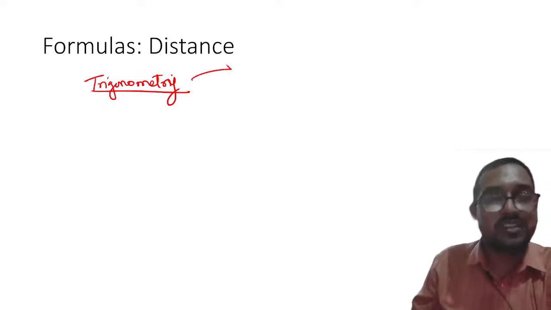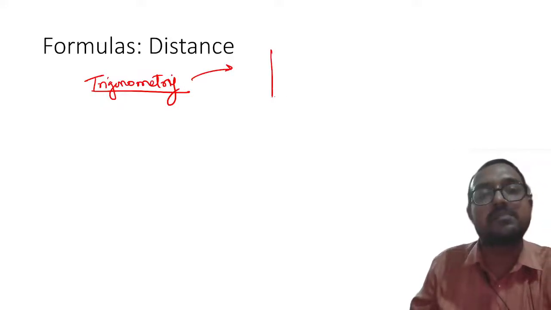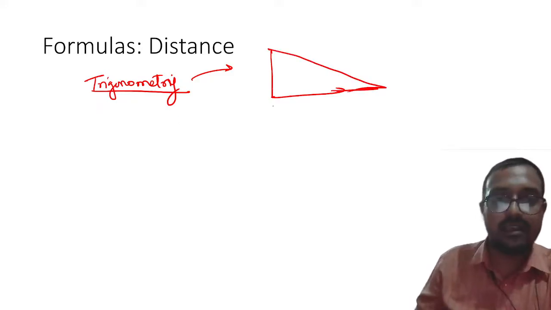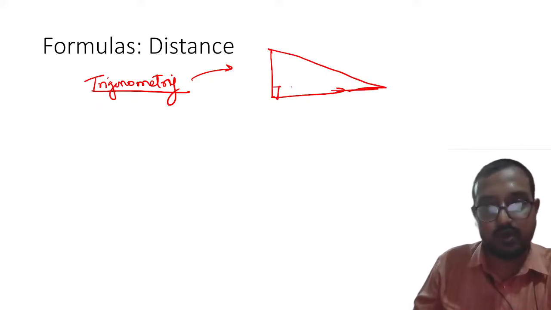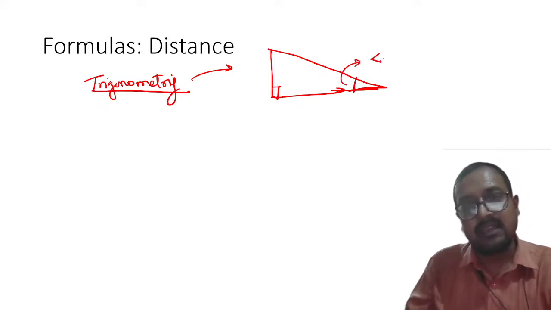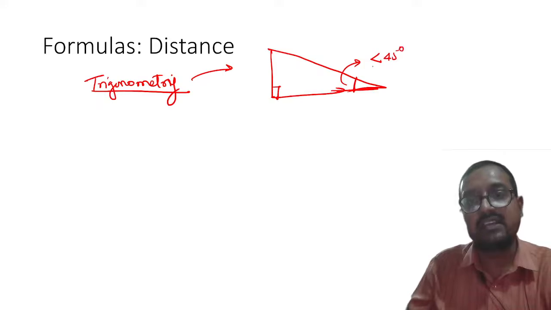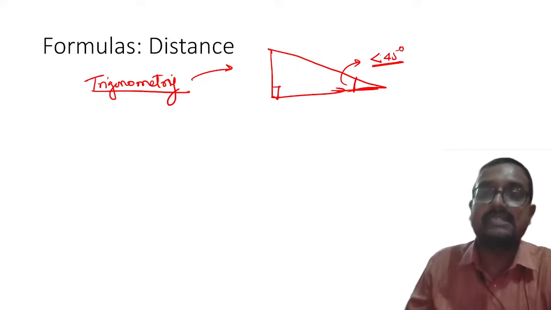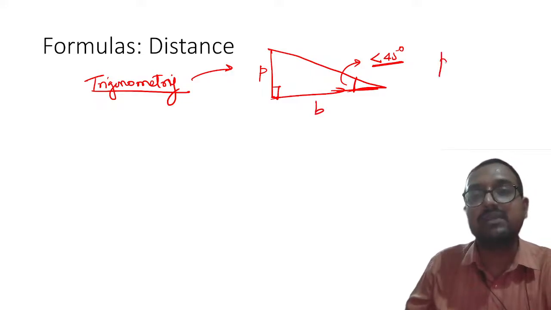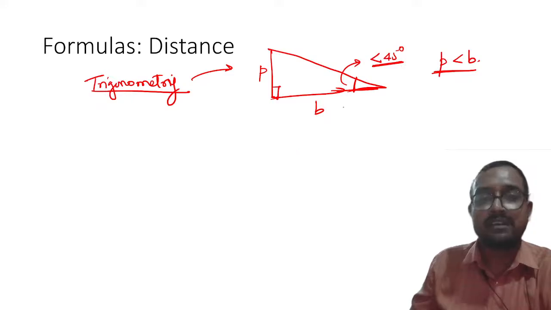So if I talk about trigonometry, please remember, in a right angle triangle, suppose this angle is less than 45 degree. In that case you will find that P will be smaller than B. You can draw and feel it, right?